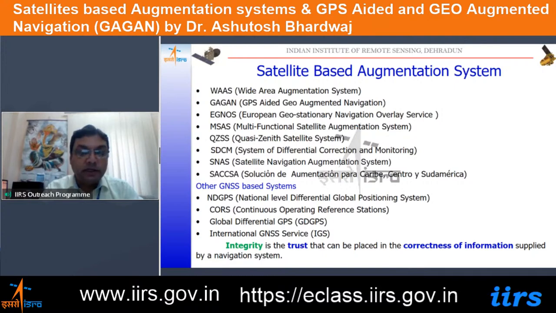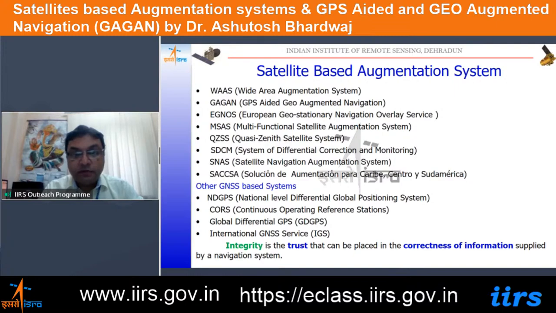Some of the regions, particularly the L5 frequency, and at places the L1 frequency, which is common to many of these systems, is used for the interworking of the different systems together. So even if we have 4 signals from 4 different systems, we are able to process them. Why? Because we are working on it as a global navigation satellite system.